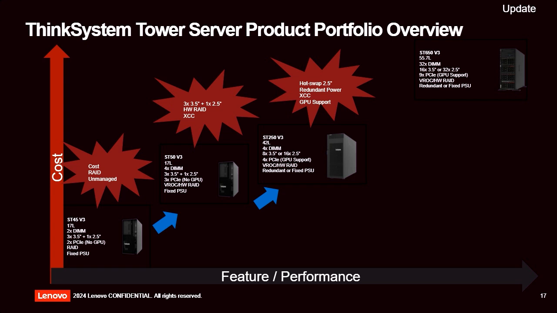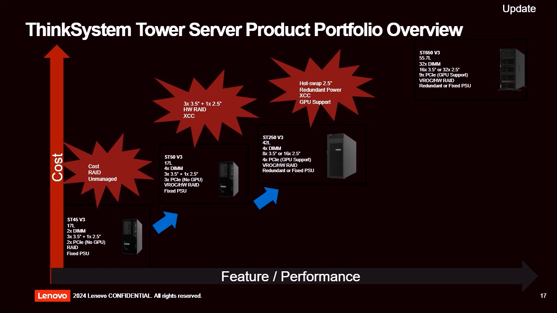Now, scaling up to the ST250 V3, you can see there, again, Intel, just like the ST50, running on the Xeon E Series CPUs, but a little bit bigger. That means we can get some more PCIe slots. We can get some more drives in there, better configurations. We actually have some customers running localized AI like Lambda or ChatGPT out of these boxes on site for their own office needs.